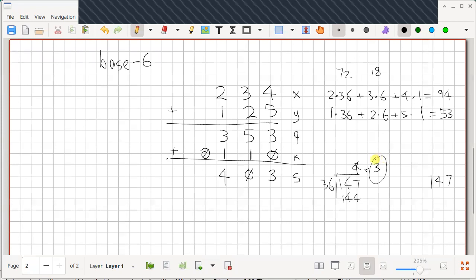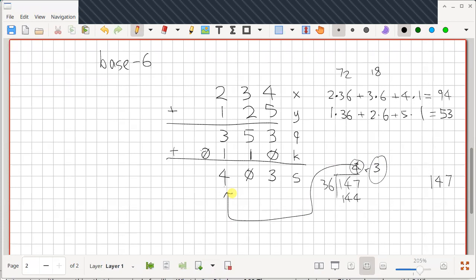So now this is the amount that is left. This 4 here is confirming that there are 4 36 chunks within 147. What is left is 3. So now we ask, are there any 6s in 3? Nope. Half of one?